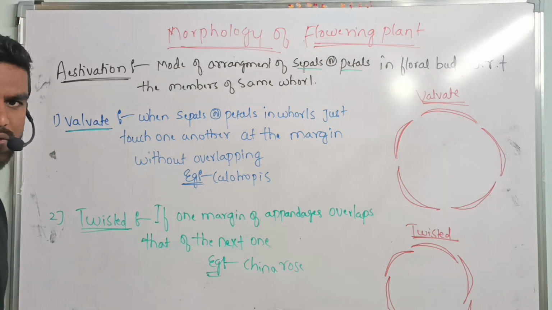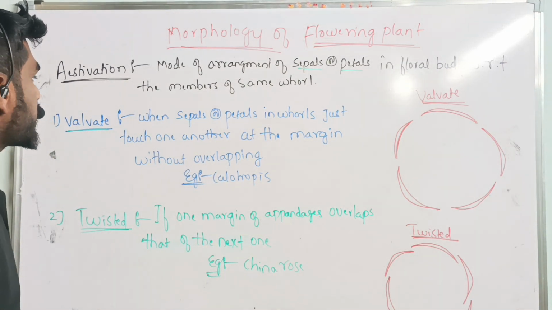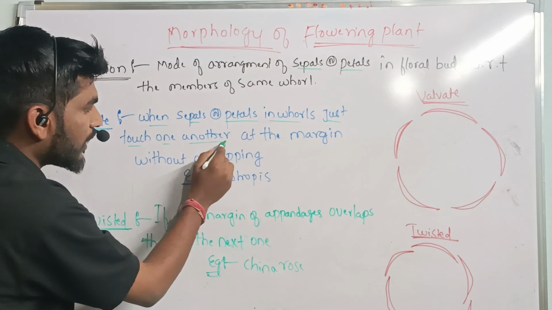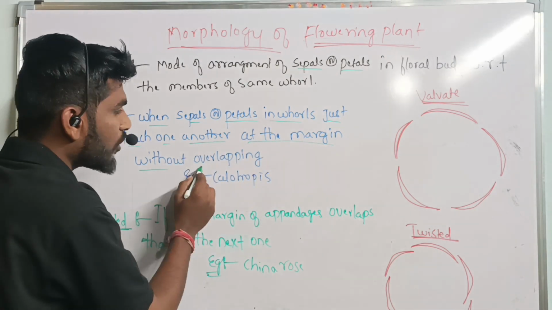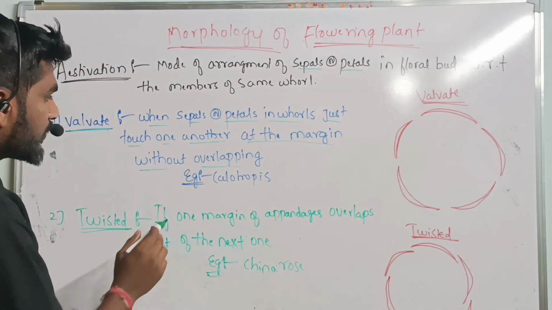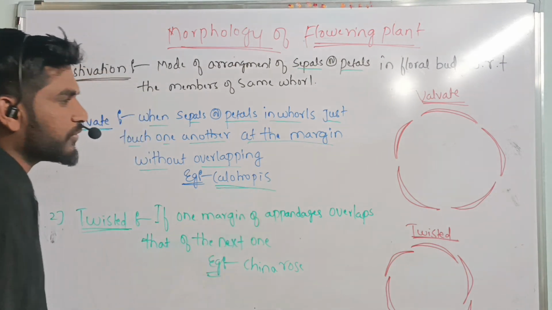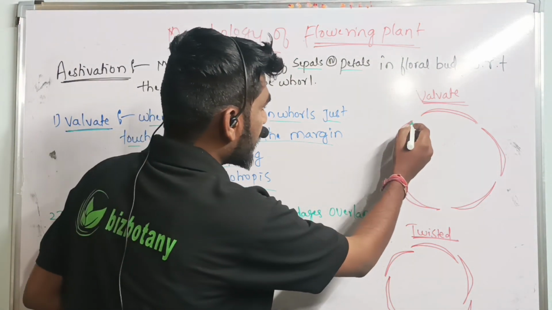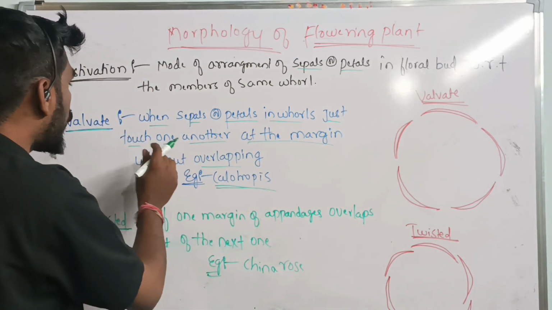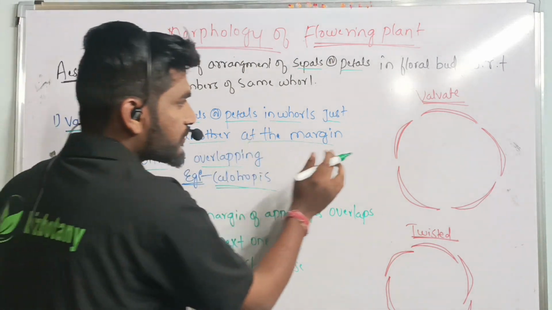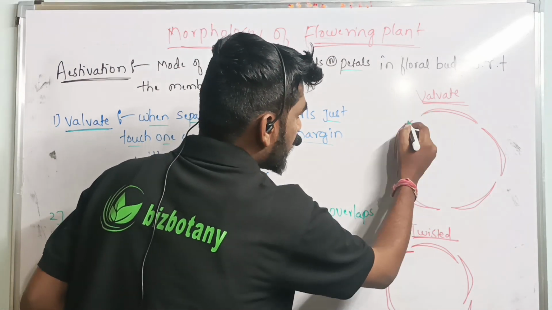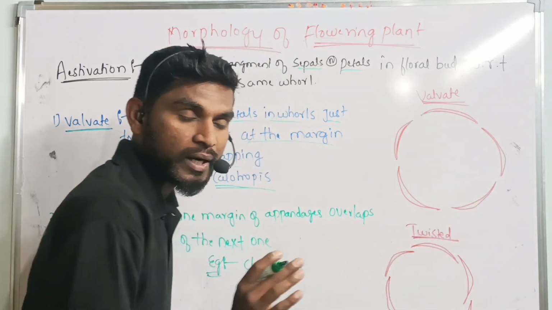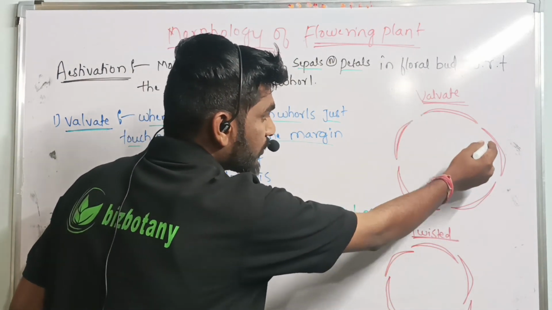valvate type of aestivation. What is valvate aestivation? When sepals or petals in a whorl just touch one another at the margin without overlapping. For that we have an example, calotropis. यहाँ पर कोई भी ओवरलैपिंग नहीं देखने को मिलेगा.